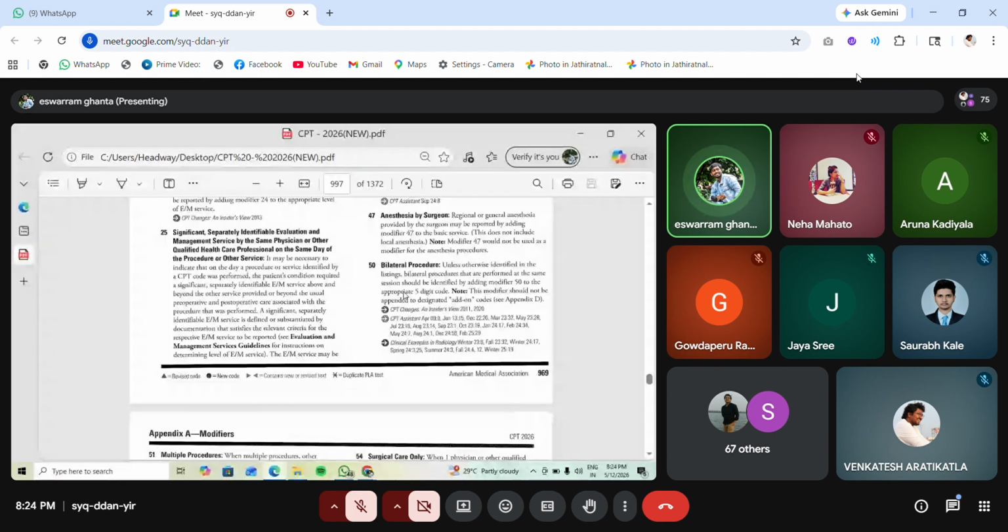Because of an accident, the patient fell on the ground and injury happened to both cheeks, and the physician did the simple repair procedure on both sides. So for that scenario also the 50 modifier will be used. Did you understand what I am telling?